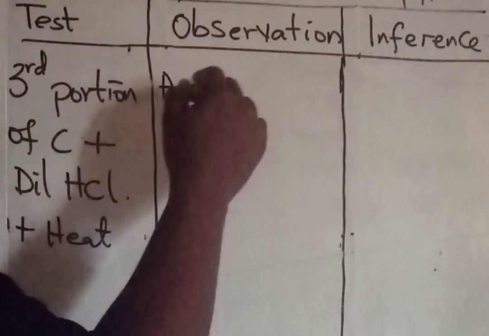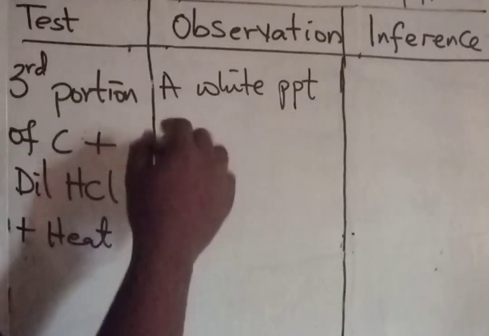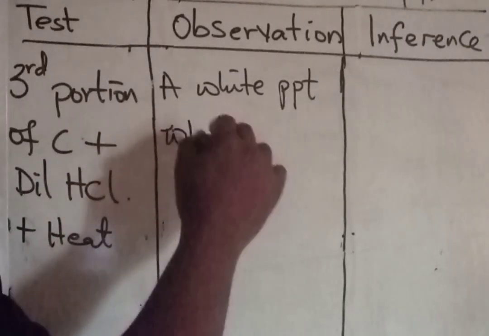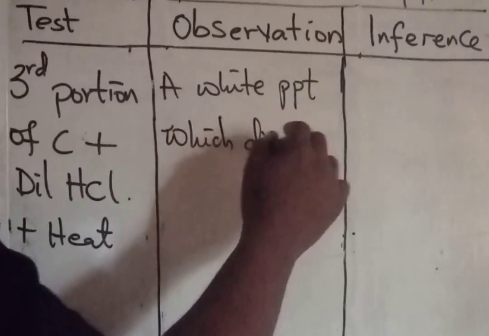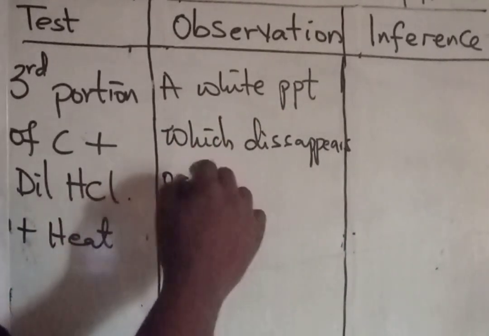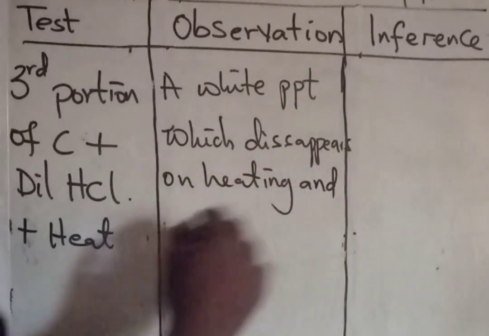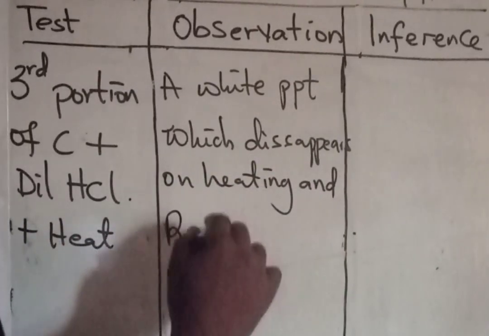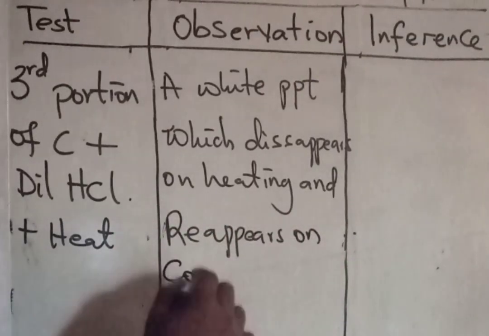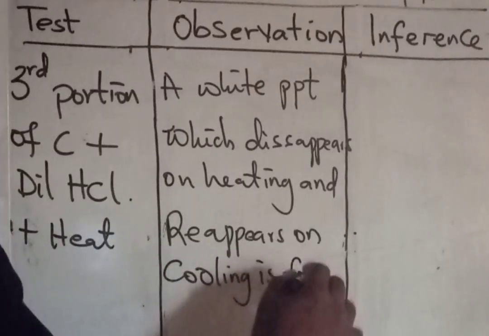So a white PPT which disappears on heating and reappears on cooling is what formed.